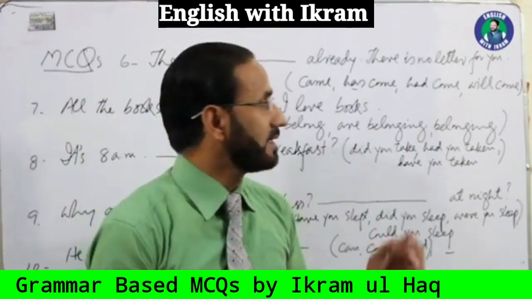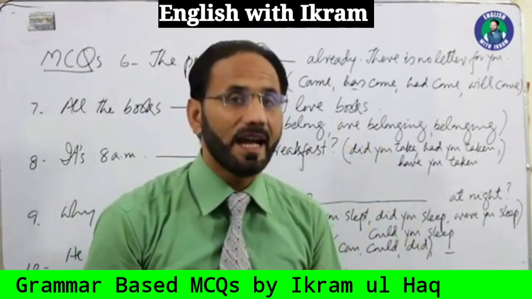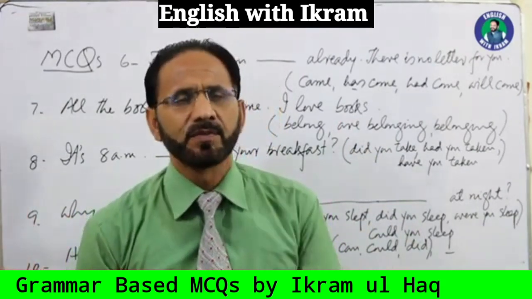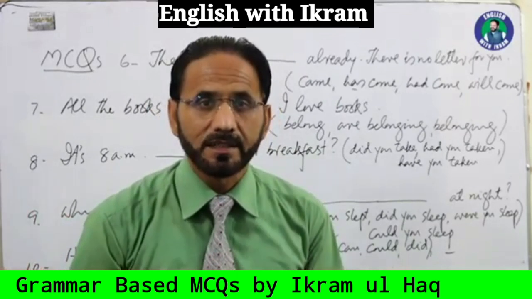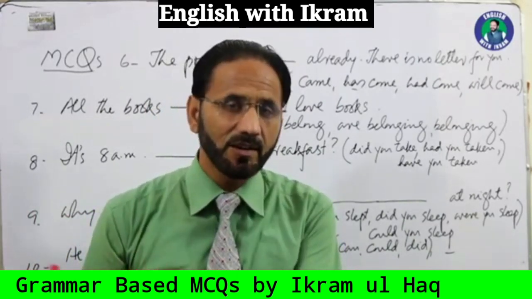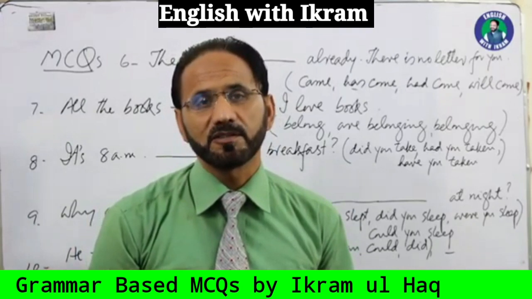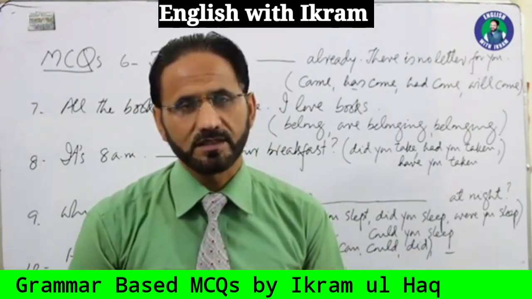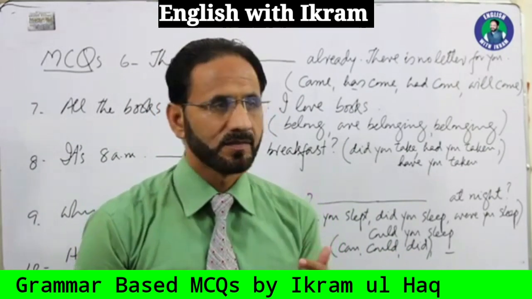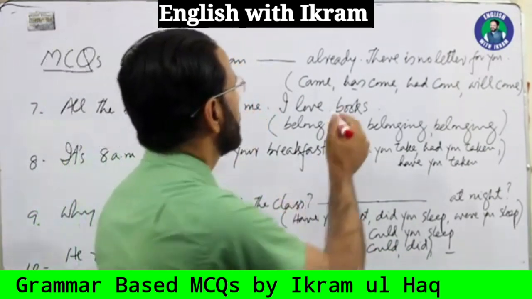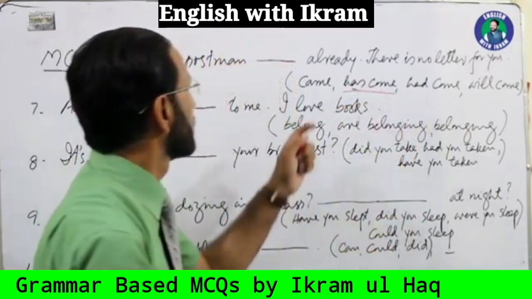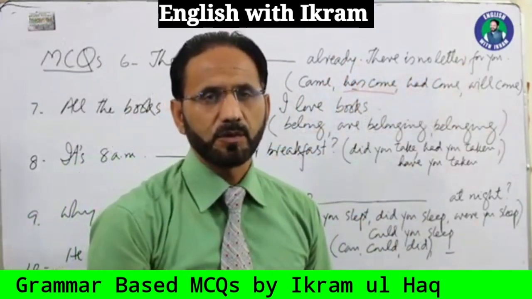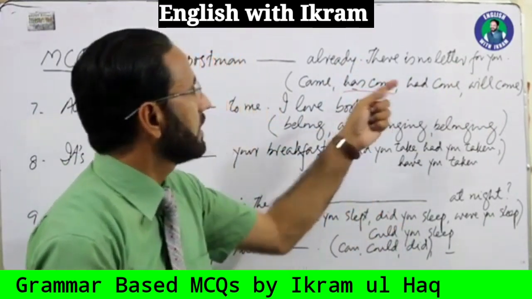Whenever we talk about an action that occurred close to present, just now, we use present perfect tense. I have discussed this in detail in the uses of the tenses. So here the right option would be: the postman has come already. There is no letter for you.